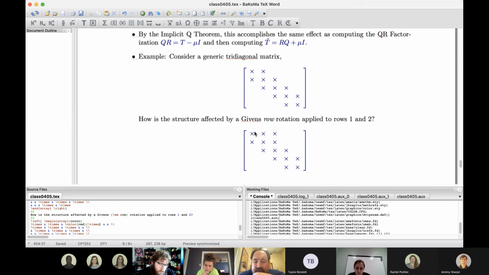So after that, what you want to do is apply more Givens rotations, either on the left or the right, to restore tridiagonal form. So something has to be done about this entry.